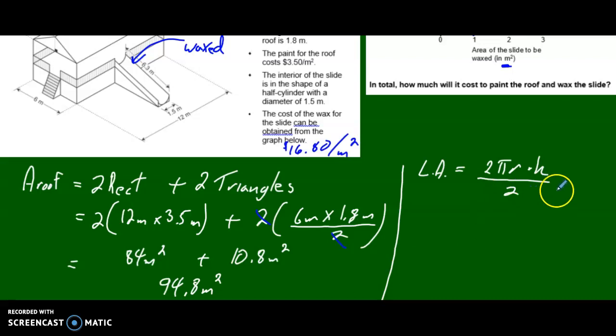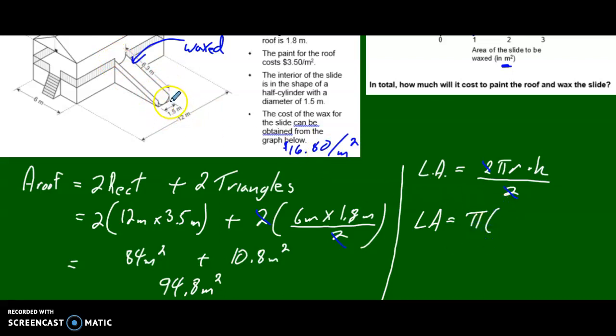So the 2's cancel out. I don't have to worry about the top and the bottom, the two circles pi r squared, because I'm not putting wax on those. So it's just pi r times the length.